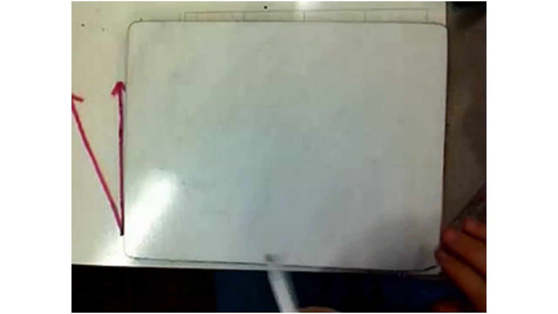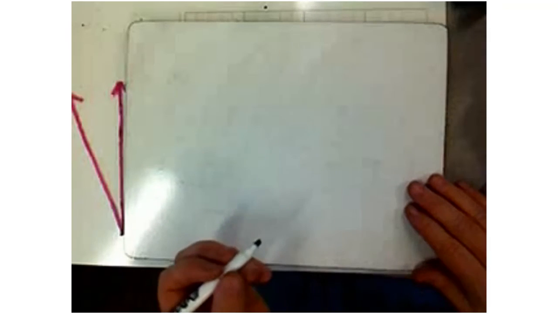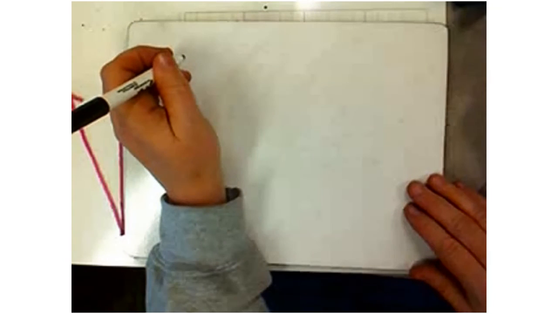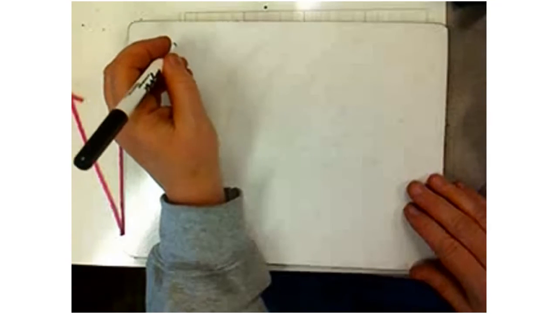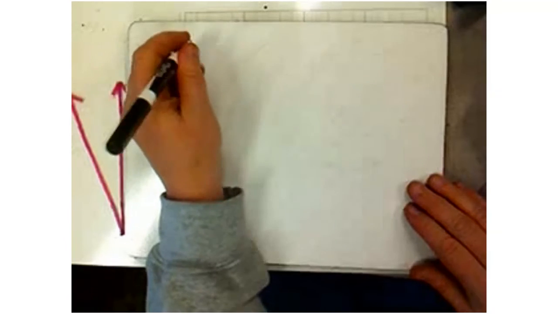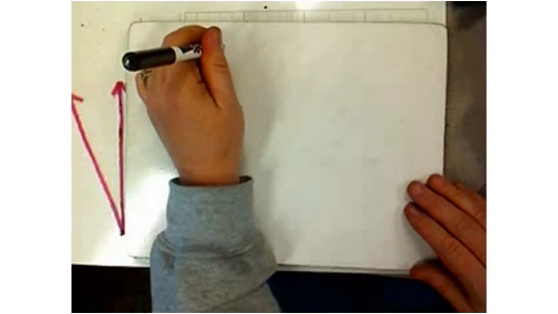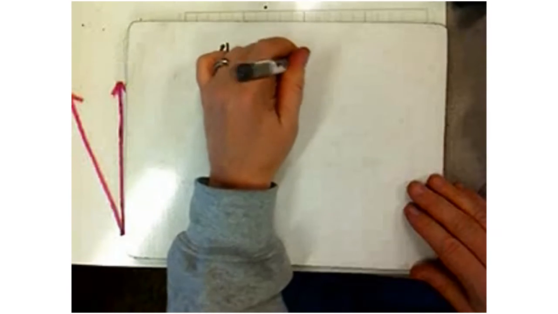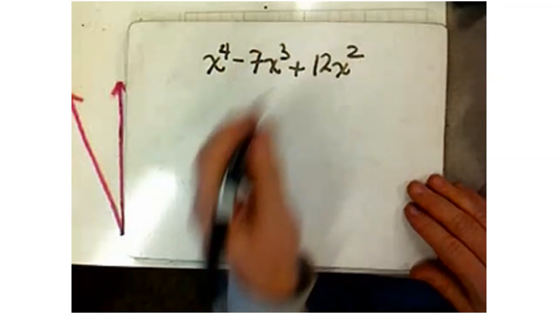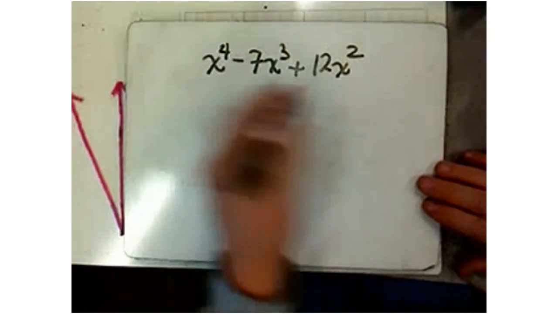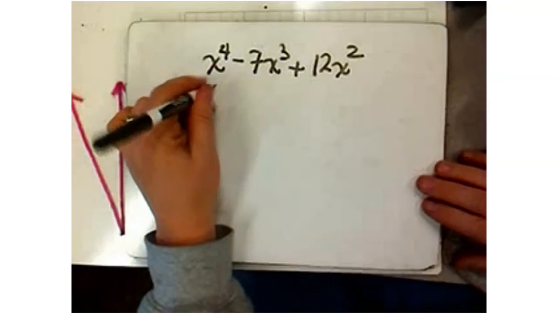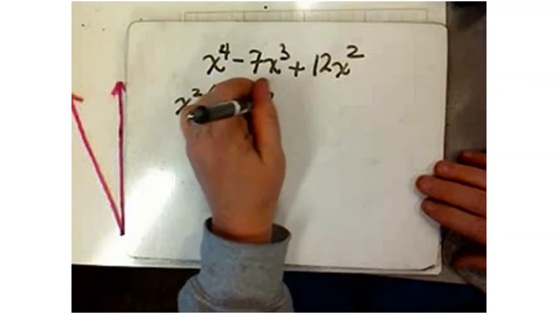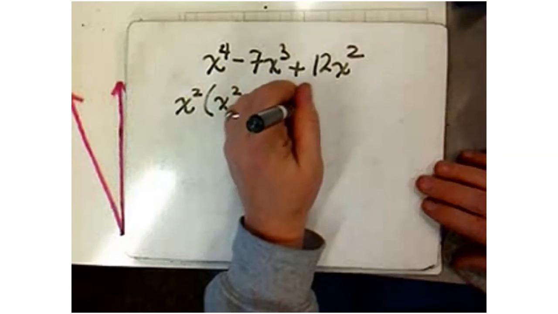You could also use the AC method. Like if we had, let's see, we use GCF and the AC method. What if we had x to the 4th minus 7x to the 3rd plus 12x to the 2nd? Notice that you can have a greatest common factor on this of x to the 2nd. So you pull that out, and you're left with x to the 2nd minus 7x plus 12.